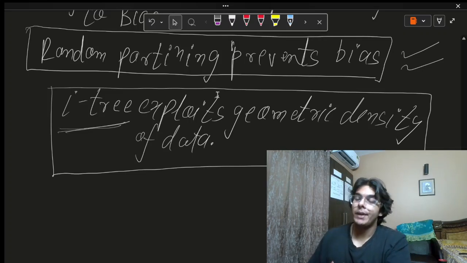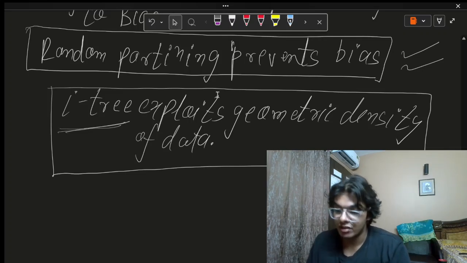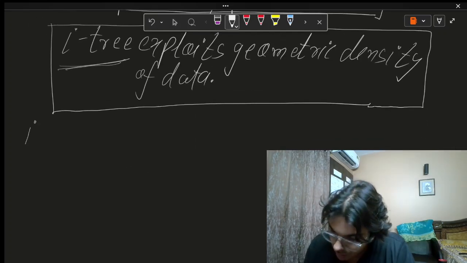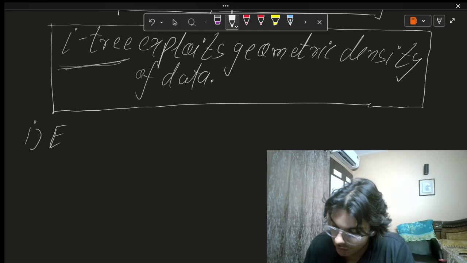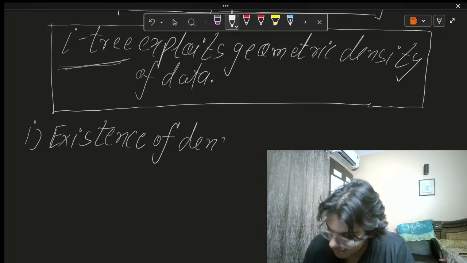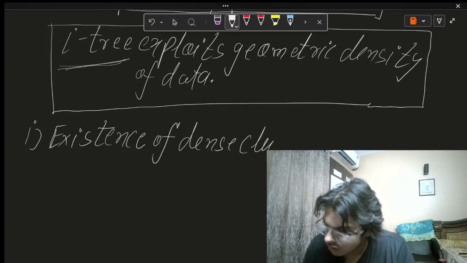Now there are two more reasons why random splits are powerful. Another reason is the existence of dense clusters. This is another typical reason, and you already know about this.